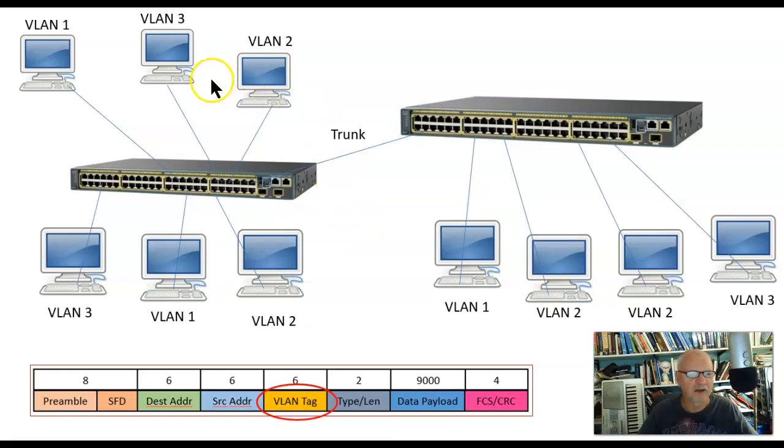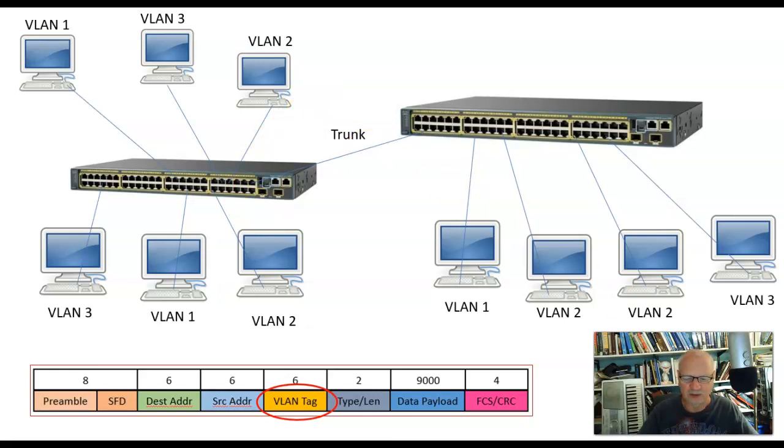I can put my admin on VLAN 3 and my production on VLAN 4 and my payroll on VLAN 5 like that, and that way they're all separate from each other and they have to go through the rules of the router in order to be able to talk to each other.